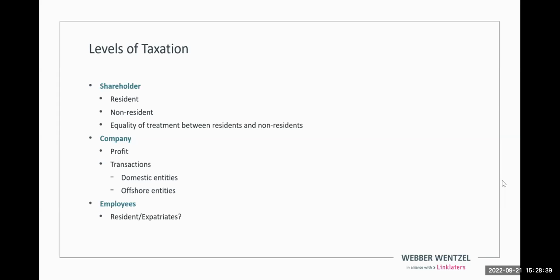Residence-based taxation looks at every legal subject that is resident within the borders of a specific country, and it taxes them accordingly within a defined system of what it regards as income and taxable income, respectively. So a shareholder or the investor sitting at the very top of your structure might comprise resident or non-resident entities or legal subjects.